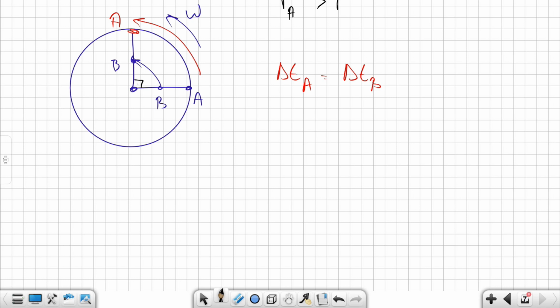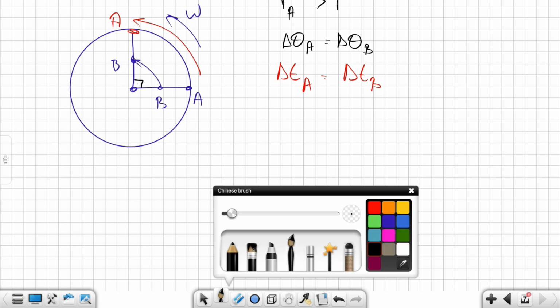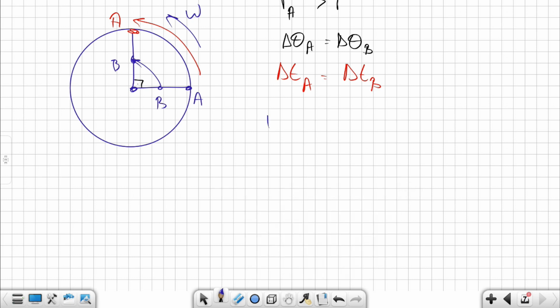A also has rotated through the same angle, which is 90 degrees. So delta theta for A is equal to delta theta for B. And if I divide delta theta by delta time, what do I get? I will get omega. So they are same. So omega for A is equal to omega for B.